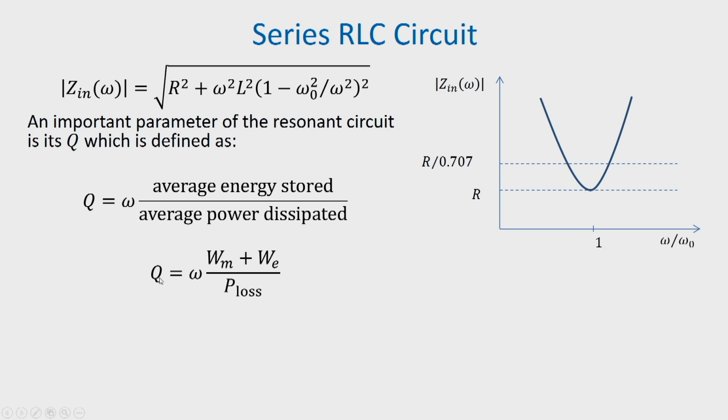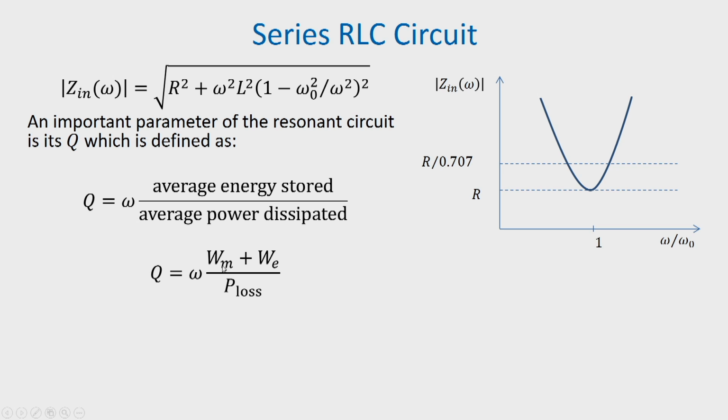This parameter Q is called the quality factor, and therefore, we can write Q is equal to omega times W m, the energy stored in the magnetic field, plus W e, the energy stored in the capacitor.